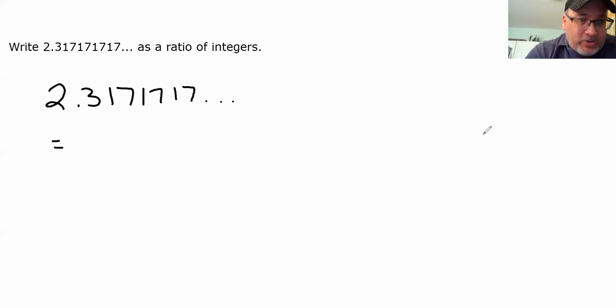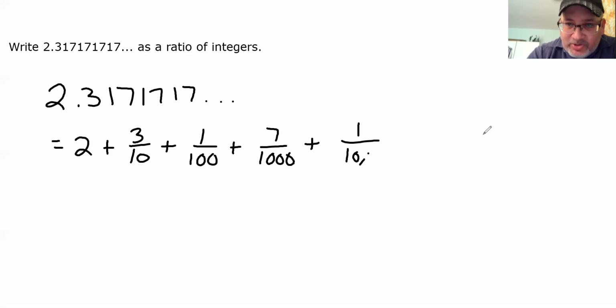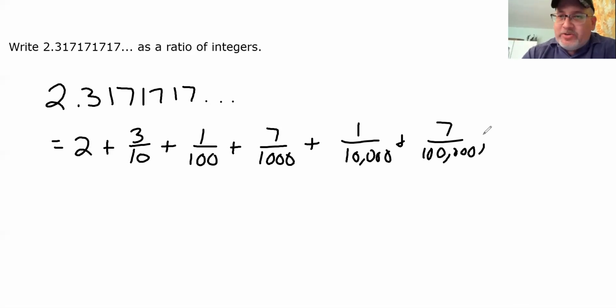And let's see how that goes. We have 2 plus 3/10 plus 1/100 plus 7/1,000 plus 1/10,000 plus 7/100,000. Now at this point, we might want to start using powers of 10.